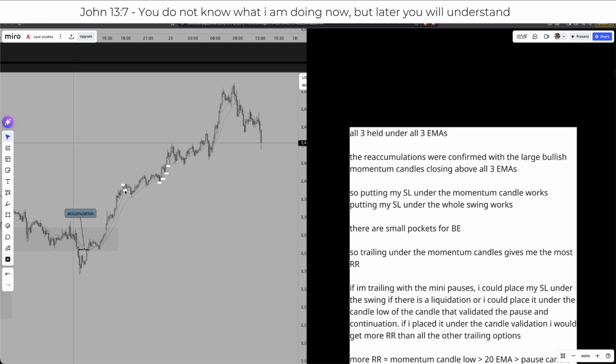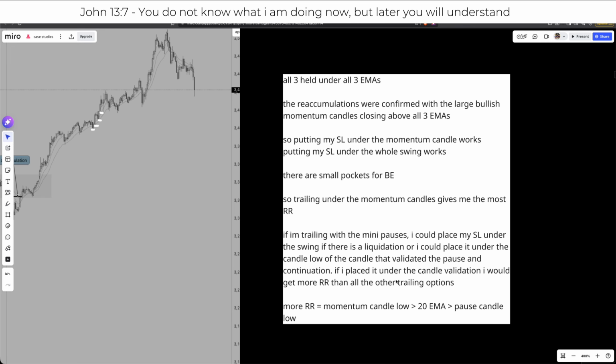So if I'm following the swing, here's the swing, here's the swing, here's the swing. Oh yeah, I would get taken out just a little bit under the pause candle swing.